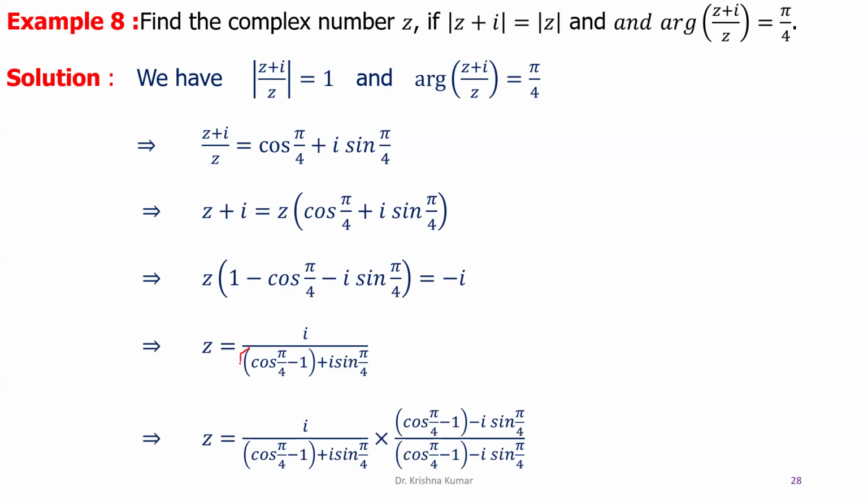So we have to do the rationalization. We multiply the complex conjugate of (cos pi/4 - 1 + i sin pi/4) in the denominator as well as the numerator. Its conjugate is cos pi/4 - 1 - i sin pi/4, so we are multiplying the same number in numerator and denominator.